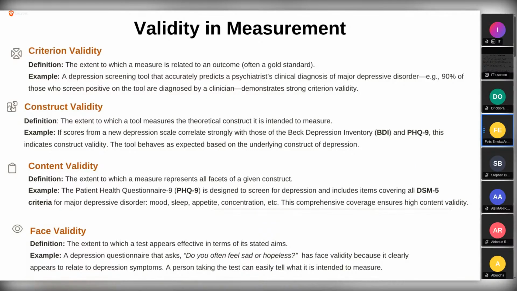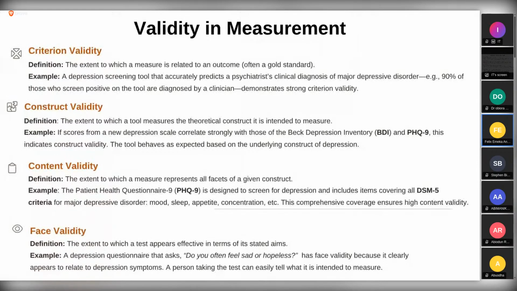In other words, you should design your tool in such a way that as your numbers increase, the depression is increasing, or as the numbers reduce, the depression is reducing. You should not do your own in a different pattern. It has to follow a theoretical construct, something that is a standard. Your tool has to follow that standard.